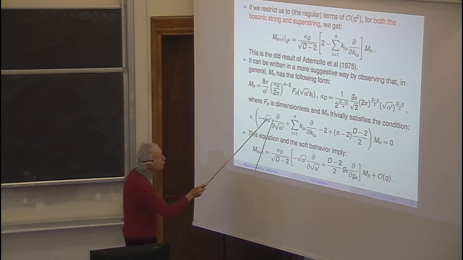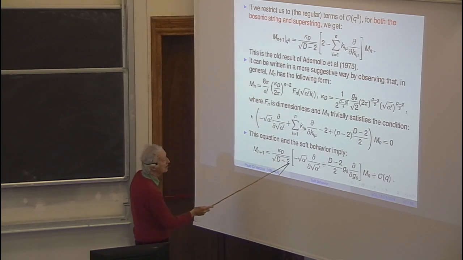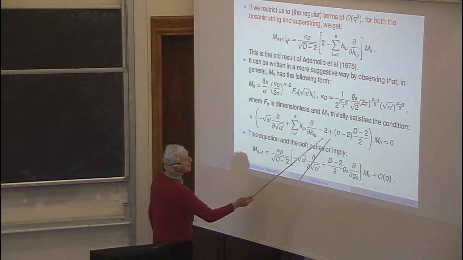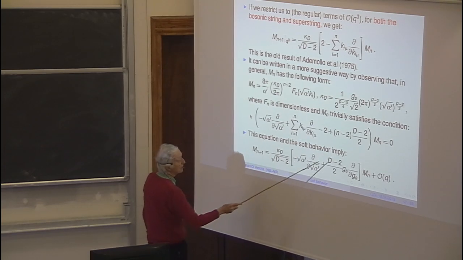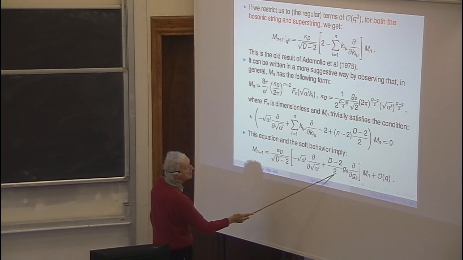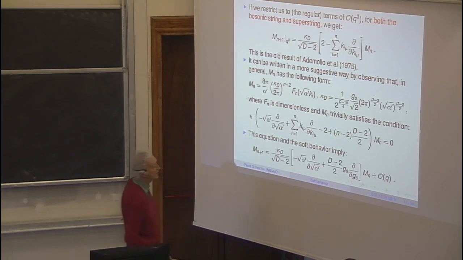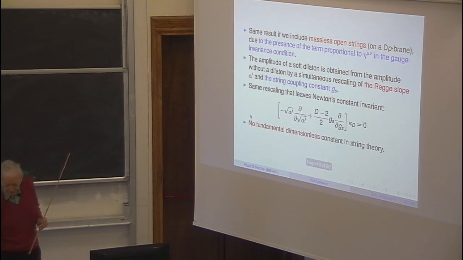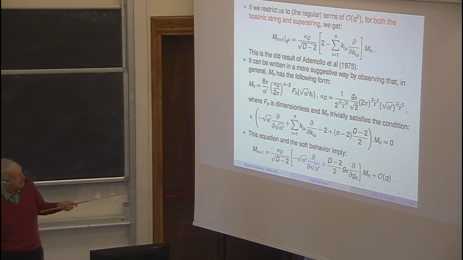If you put together this equation with the soft theorem equation, you cancel this term, you get this term here, and this term can be rewritten in terms of a derivative with respect to gs. That's the result that you get if you have only closed strings as external particles.